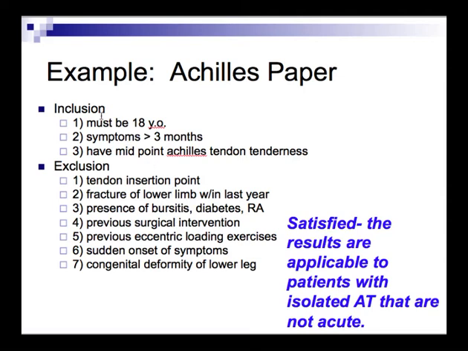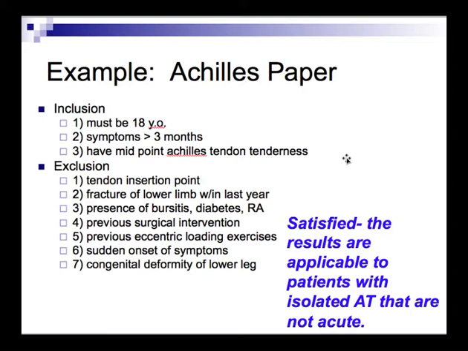And basically, the more criteria they have, the more homogeneous the group, and the more specific the application to a patient. And so we can see here the inclusion criteria are adults that have non-acute symptoms, so they're either subacute or chronic, and they have specifically mid-portion Achilles tendinopathy.